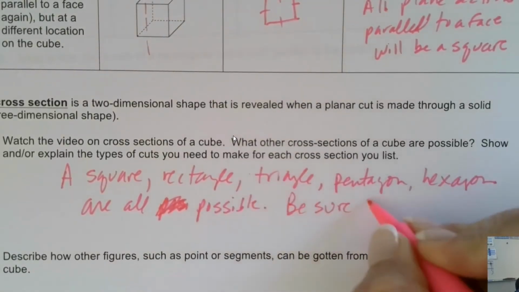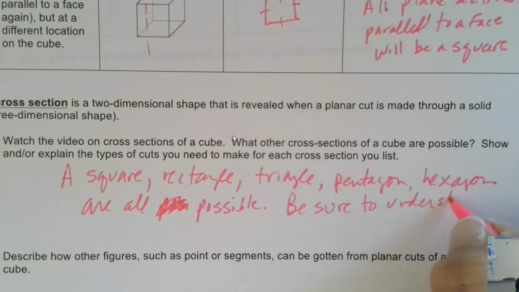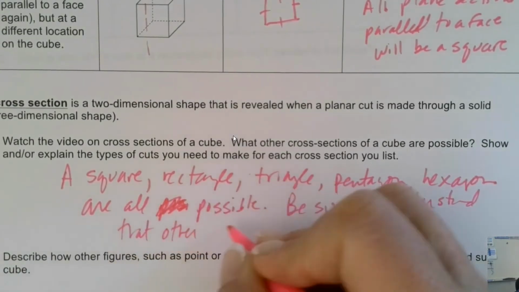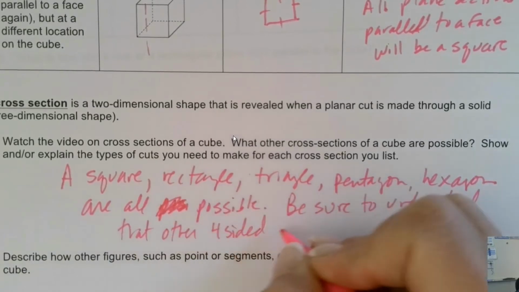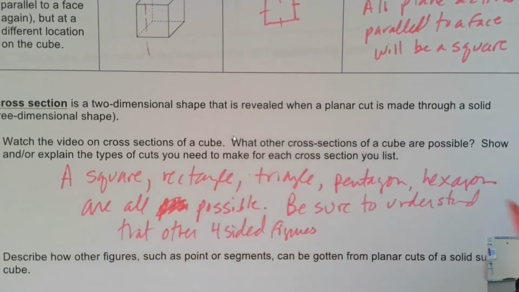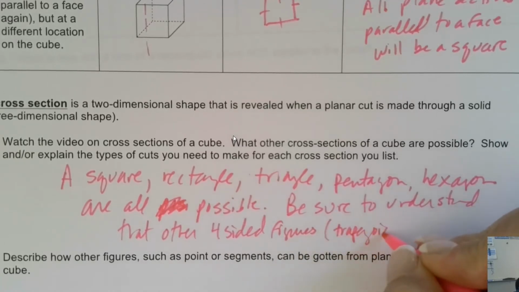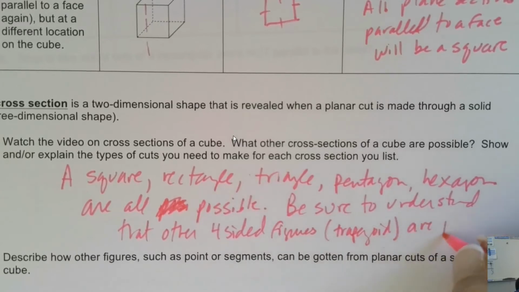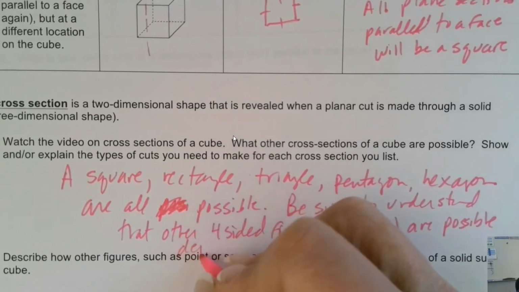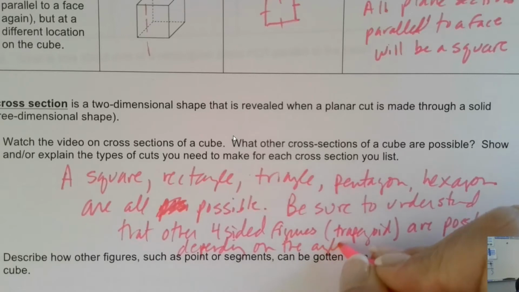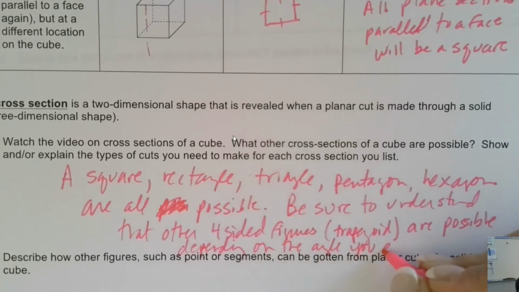Be sure to understand that other 4-sided figures, like a trapezoid, for example, are possible depending on the angle you enter and exit the cube.